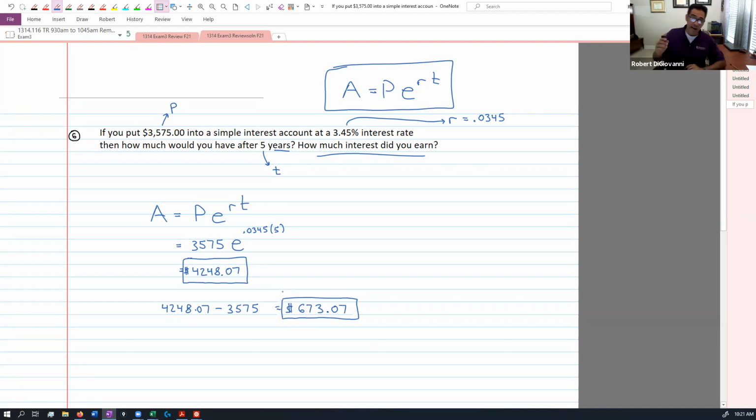So basically the bank paid you $673 to hold on to your money for 5 years. It's a little over $100 a year for your money.